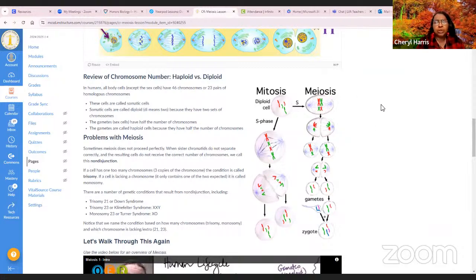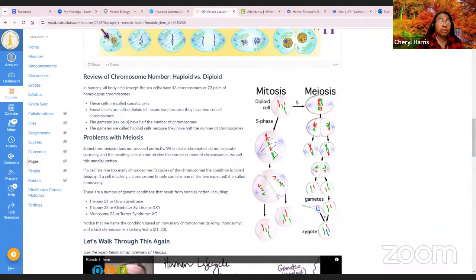I want you to notice the difference between them. In the first stage, homologs are the ones that look alike. So we've got one green one and one red one in mitosis that is long, and one green and one red that is short. In the meiosis, you have pairs of green ones and red ones. If you look down at mitosis, the next stage is for them to line up in the middle.